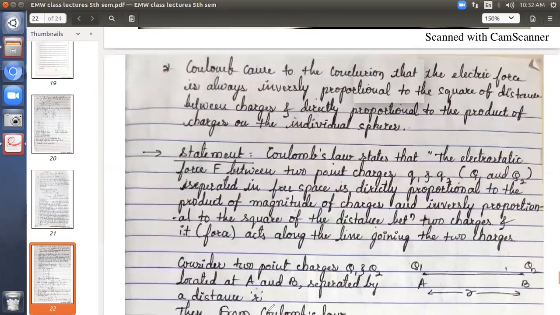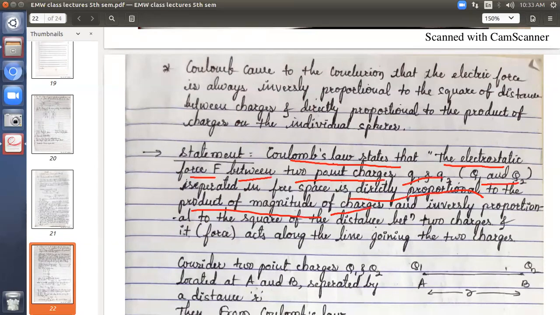now coming to the actual Coulomb's law. The Coulomb's law, first the statement, then the equation. Coulomb's law states that the electrostatic force, we don't know whether it is repulsive or attractive, between two point charges Q1 and Q2, you can even take the notations capital or small, separated in free space, is directly proportional to the product of the magnitude of the charges, say Q1 and Q2.